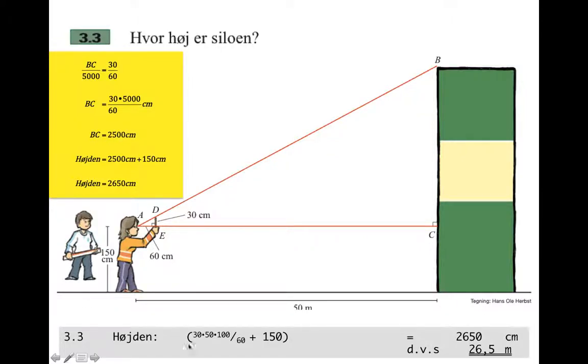So I've written that the height is 30 times 50 times 100 divided by 60 plus the 150 makes 2,650 centimeters, and then perhaps it's sensible to convert that to meters, 26.5.